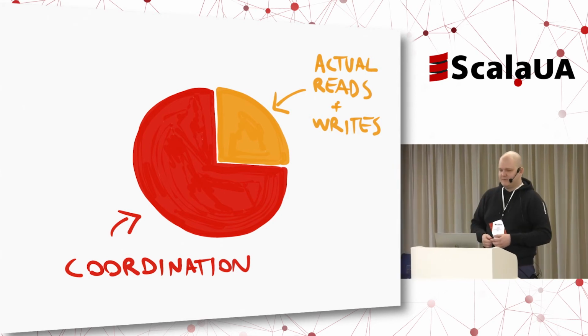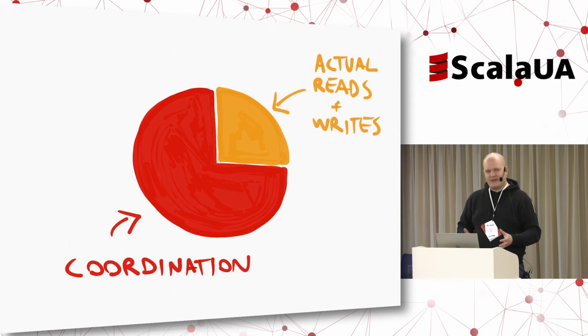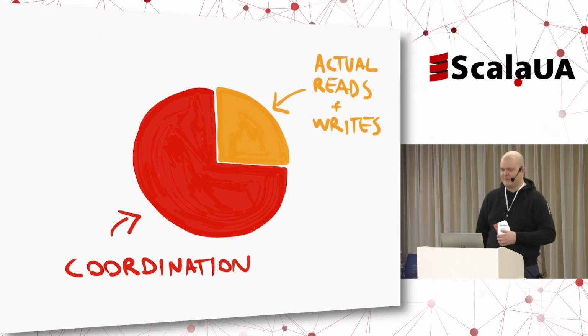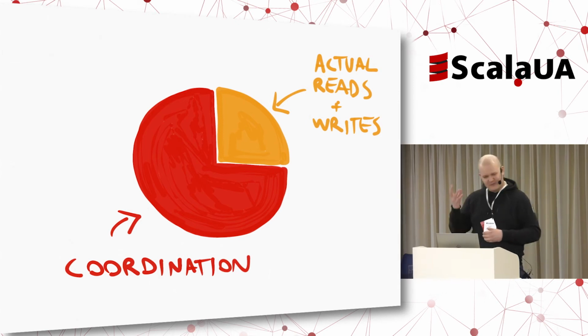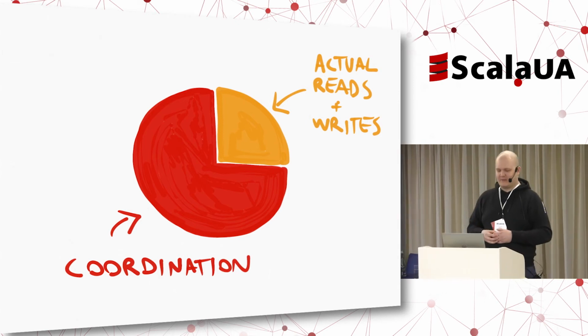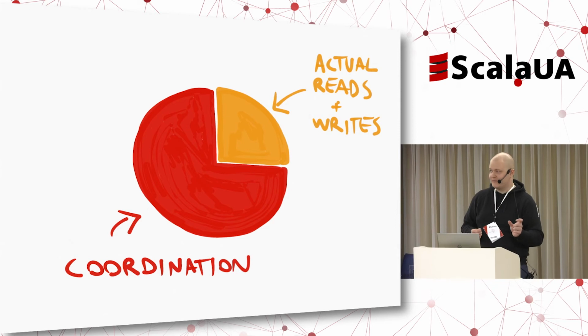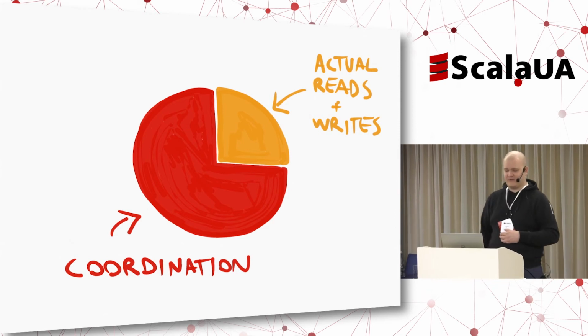So that means that 75% of the CPU power your database server uses is spent only to make sure that your actual reads and writes don't conflict with each other and overwrite each other, right? So there's this huge overhead to multi-threading that we don't typically think of. But I mean, obviously there's some coordination, right? But it was certainly a surprise to me that it was this much, 75%.